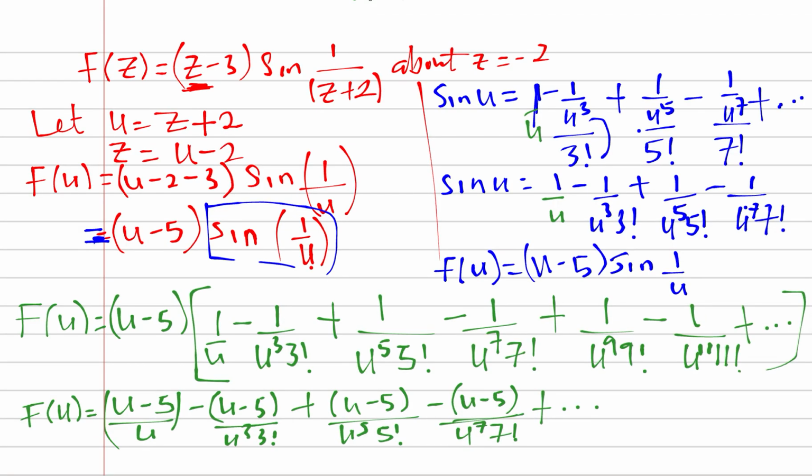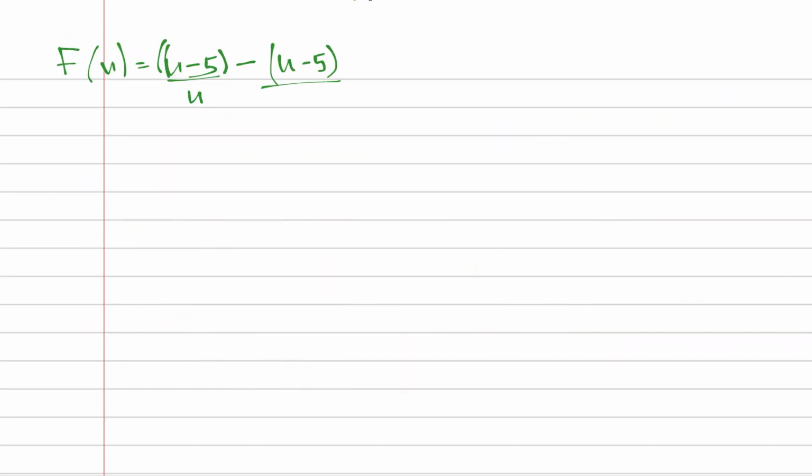We have f of u equal to u minus 5 over u, then u minus 5 over u raised to power 3 over 3 factorial. Sometimes it's not easy.